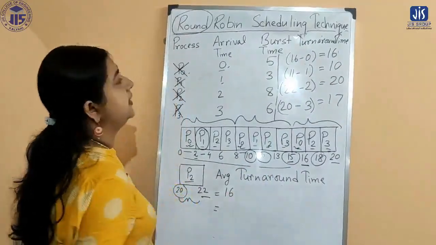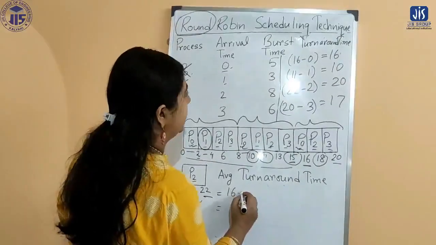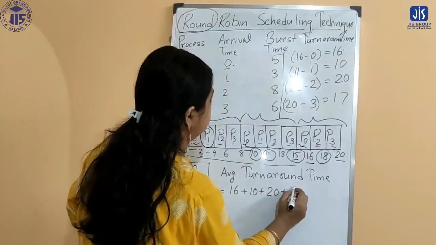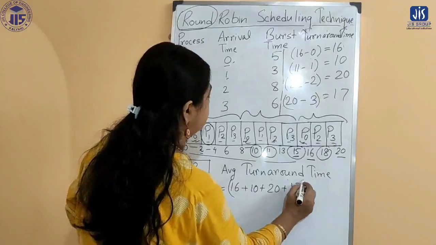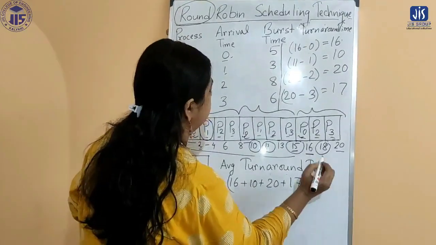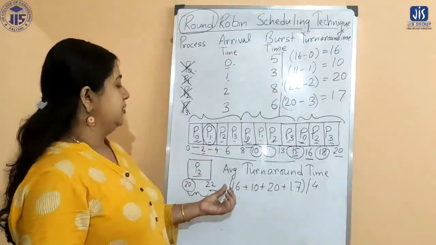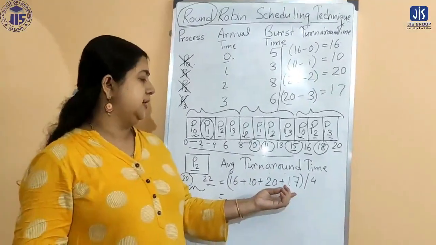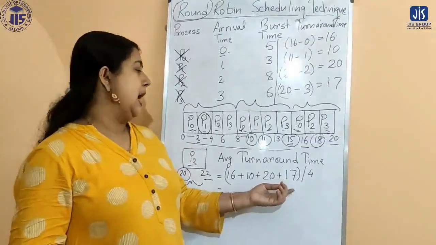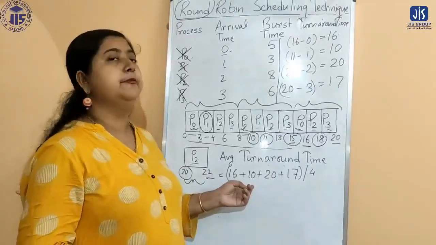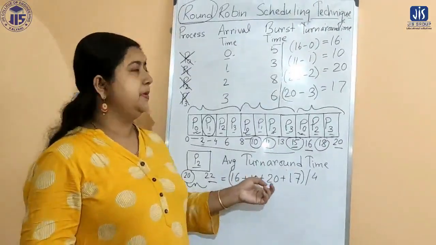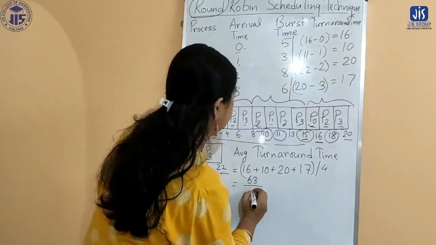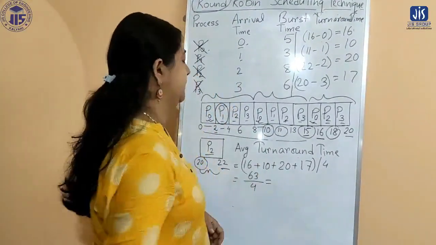So it will be done like this, 16 plus 10 plus 20 plus 17 divided by 4. So 16 plus 17 is 33, and then 33 plus 10, 43, 43 plus 20, it is basically 63. So 63 divided by 4.